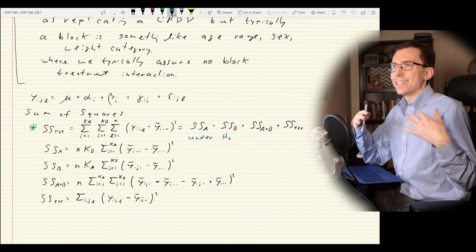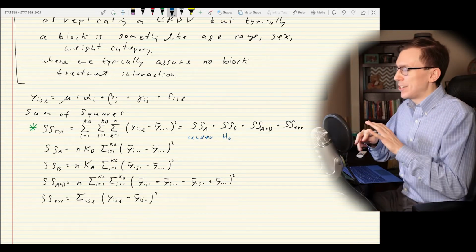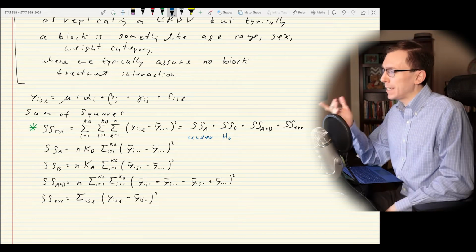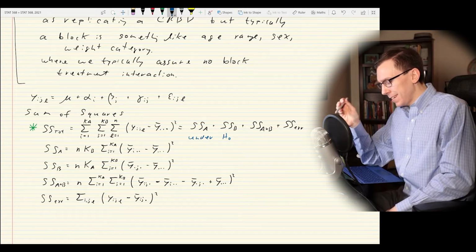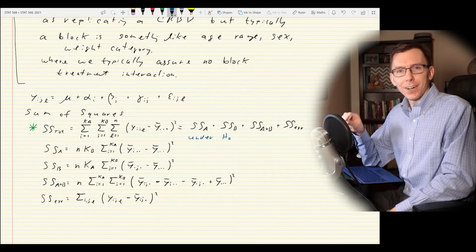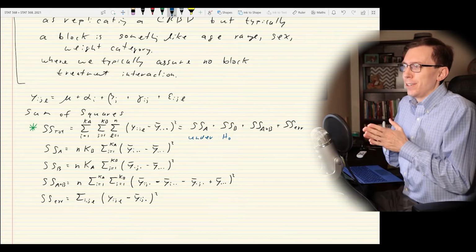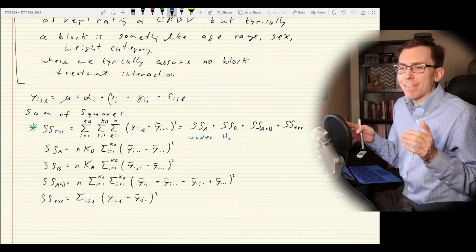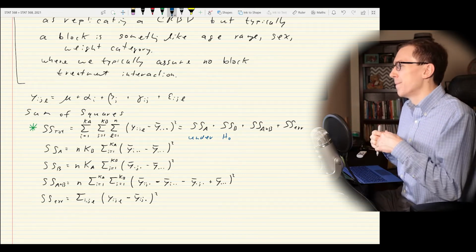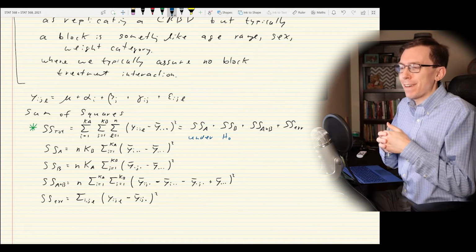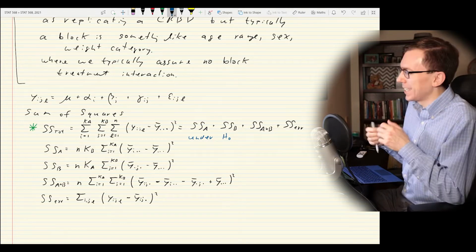Remember, I say "under H naught" or "under the null hypothesis" as a blanket statement, but what I mean by that is that each of these terms has its own null hypothesis. For factor A, it's that none of the levels of factor A have any different effect than any others. For factor B, none of the levels of factor B have any effect different than the others.